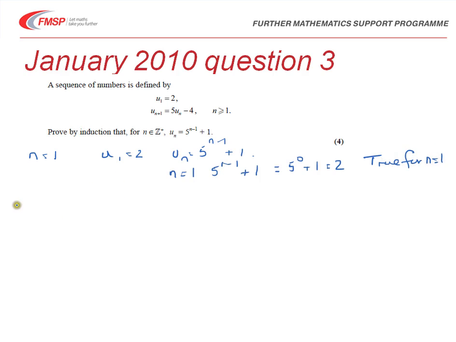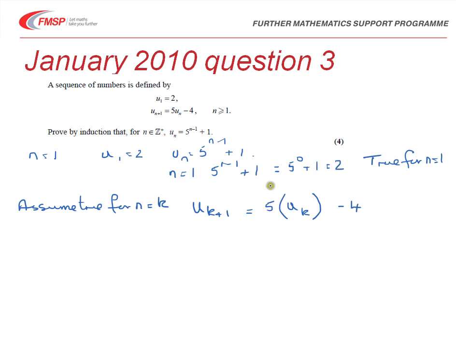The inductive step, then, we assume that it's true for n equal to k, and we look at u(k+1). Now u(k+1), using the formula up here for u(n+1), is equal to 5 times uk minus 4.